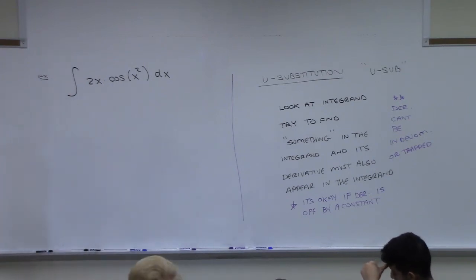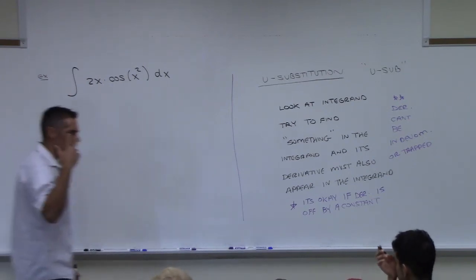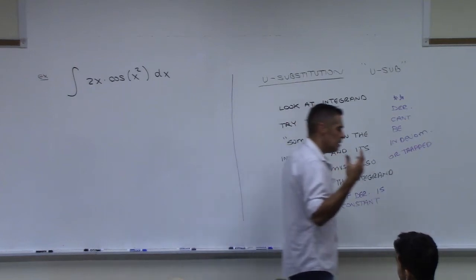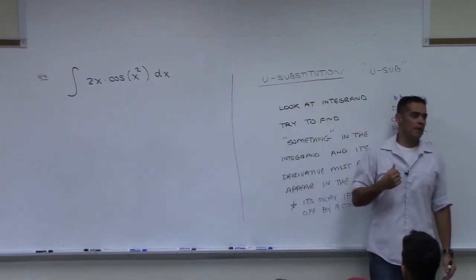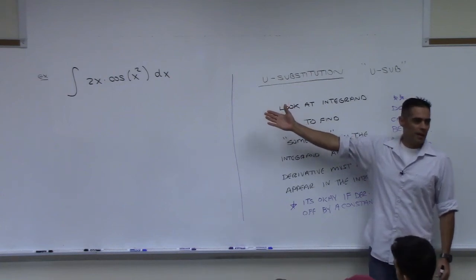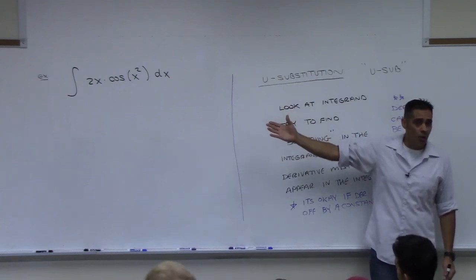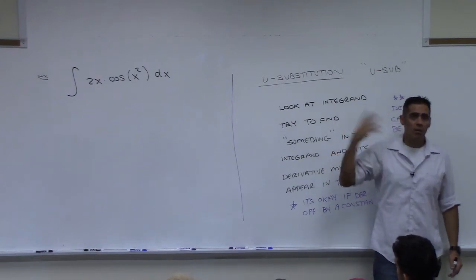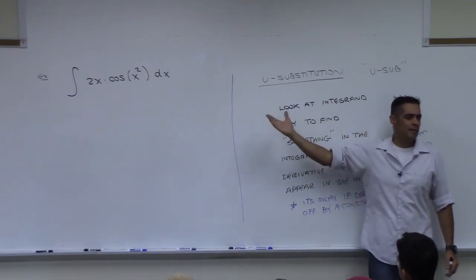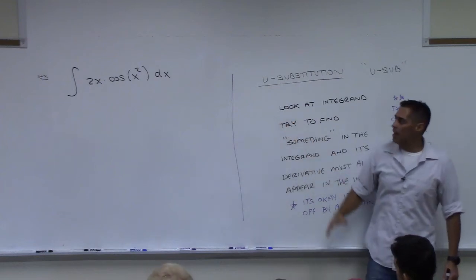So first thing you do is you think about, okay, is there something from Cal 1 that you know when you take the derivative of it, you get that? And your answer should immediately be no. You're not going to be able to just come up with something and be like, oh yeah, derivative of this is that thing.